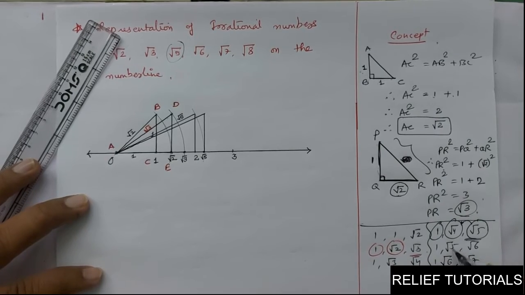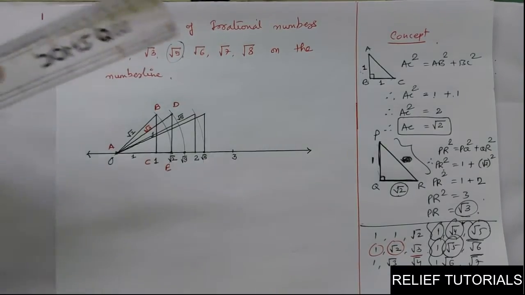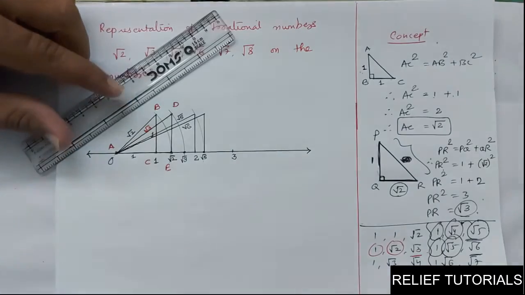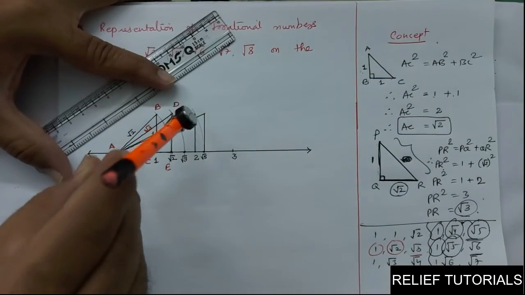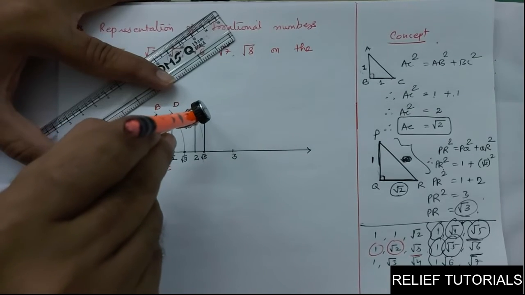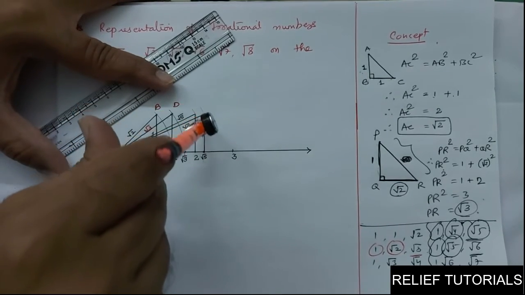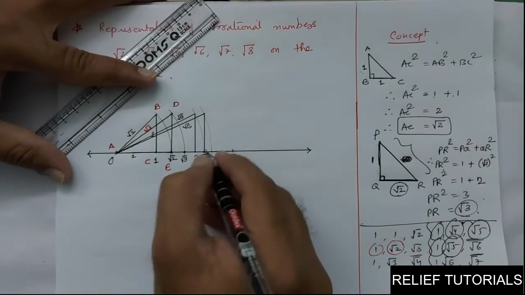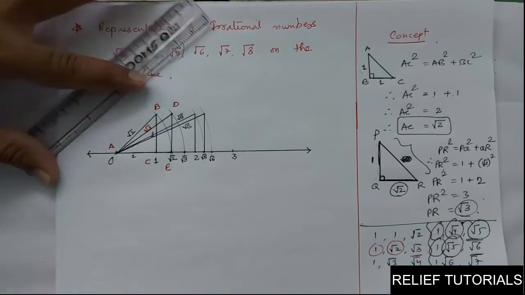So if the triplet has root 5 and 1, the hypotenuse would be root 6. So root 6 is the length here. You can take this point on the number line. This point is root 6.